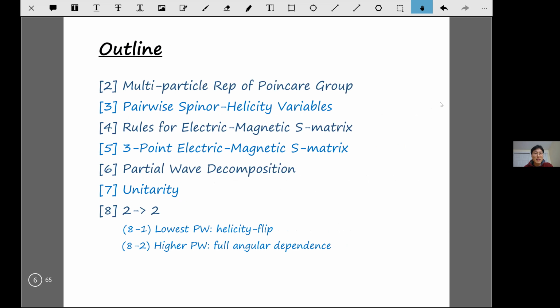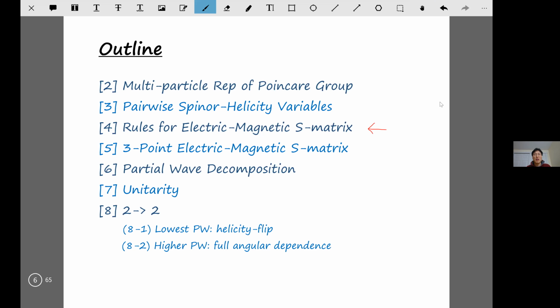Next, I will introduce what we call pairwise spinor helicity variables, which will be needed as an extra building block to construct the electric-magnetic S matrix. Then I will talk about the rules and building blocks of the electromagnetic S matrix, and use them to construct some of the 3-point electromagnetic S matrices. I will also talk about some of the selection rules in this part.